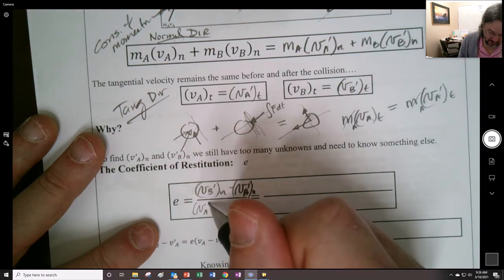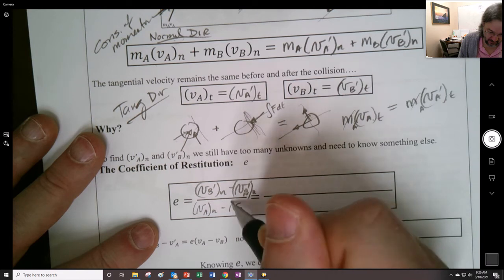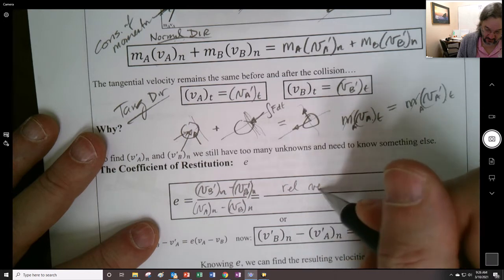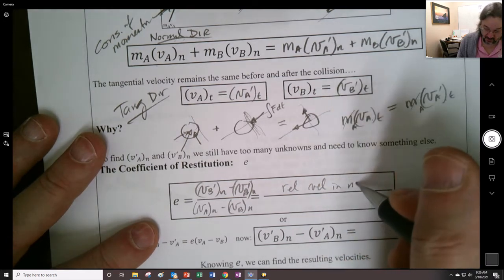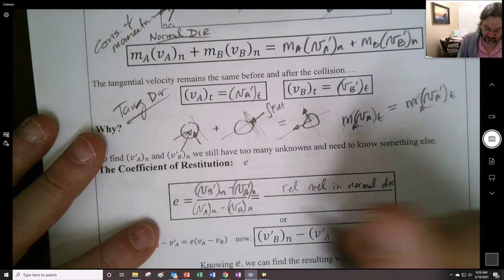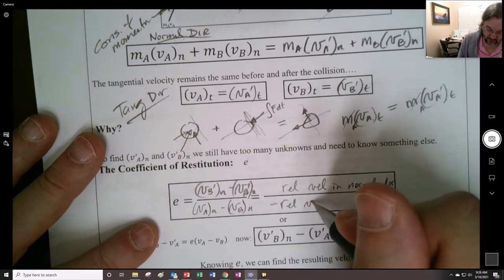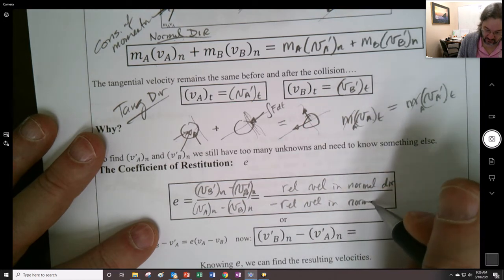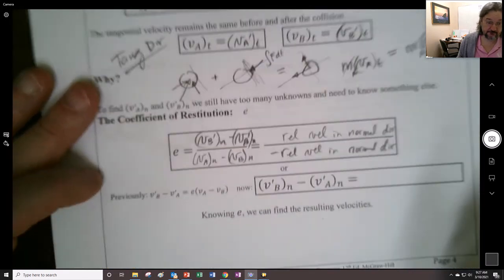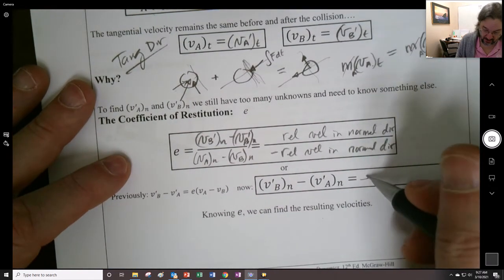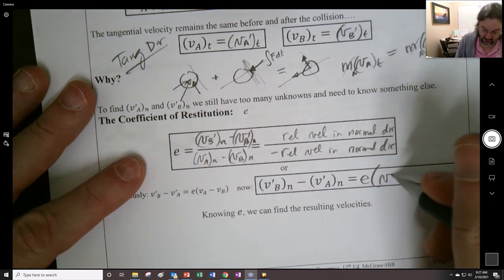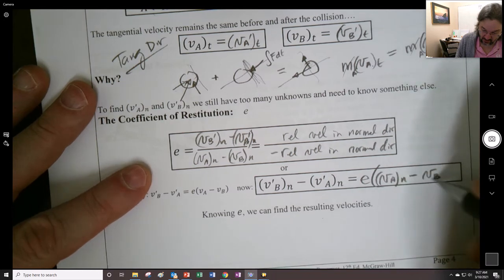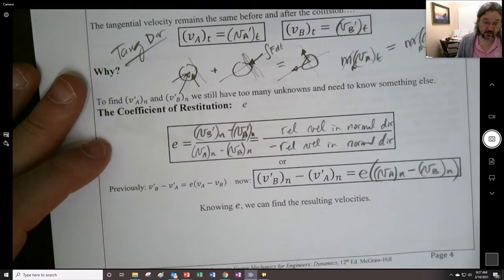So e equals v_B prime normal minus v_A prime normal over v_A normal minus v_B normal. Here we've got the relative velocity in the normal direction after, negative, over the relative velocity in the normal direction before. And maybe an alternative way to write this is v_A n minus v_B n right here.